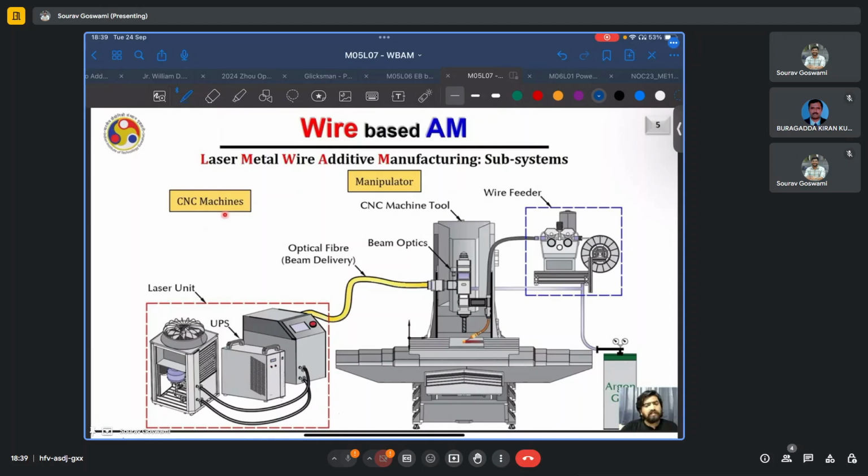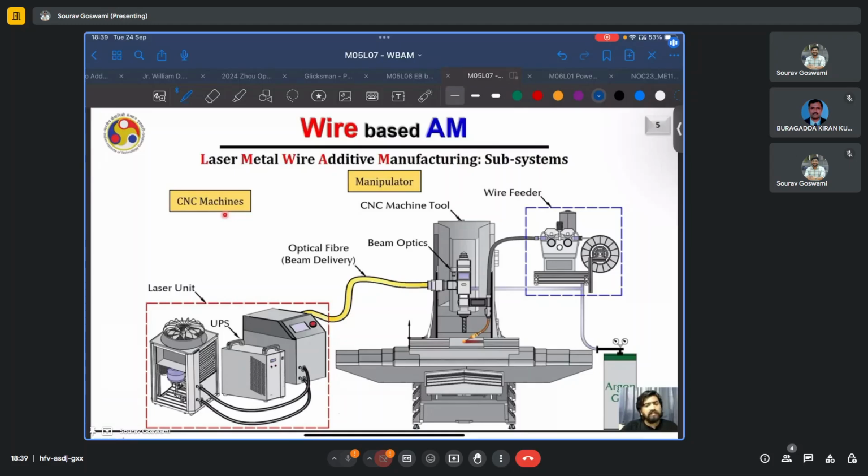In this case, again, the laser unit remains more or less unchanged. And typically these days, it would come as an integration engine. So you have this engine which has this lasing unit and a controller of its own, along with a chiller, UPS, and similar things.